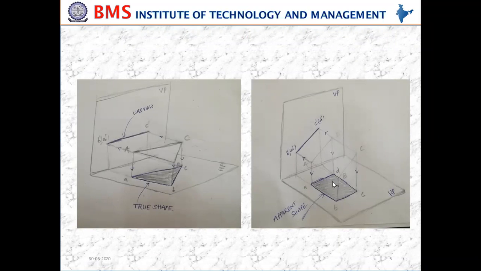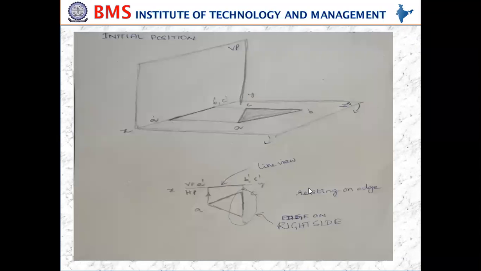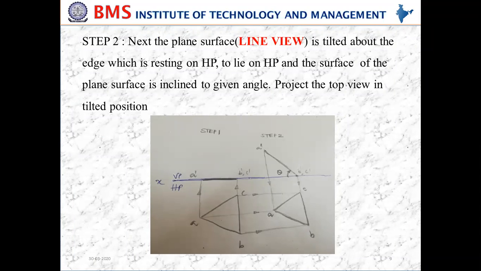This shape is called the apparent shape. Here it is a square, and there we talked about the triangle. So this ABC is not equal to that ABC, because it is inclined at a certain angle with HP. Is it clear?